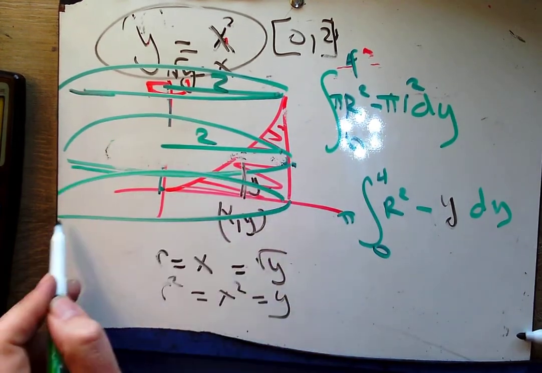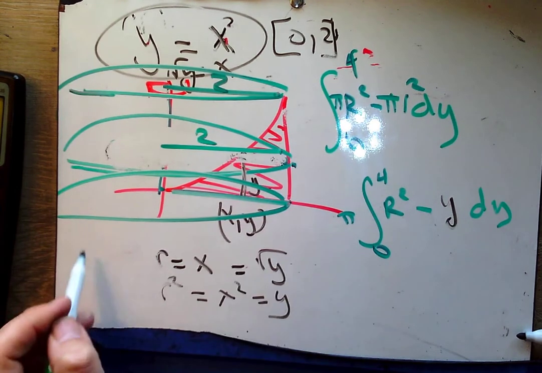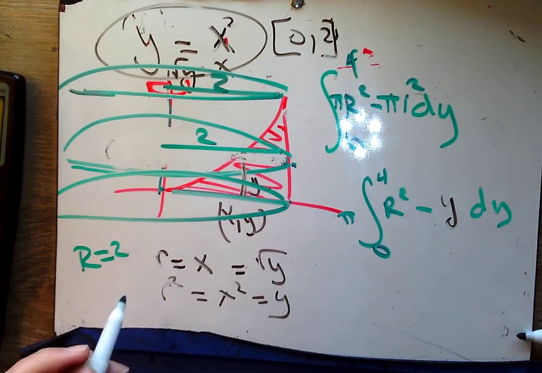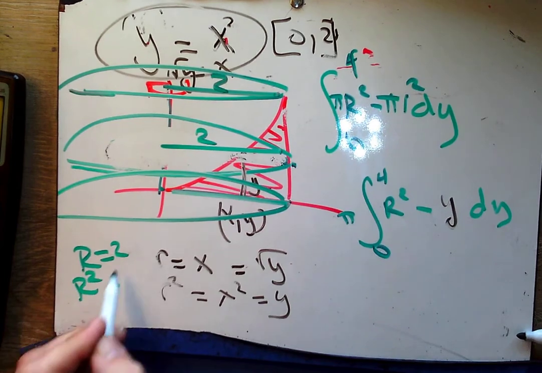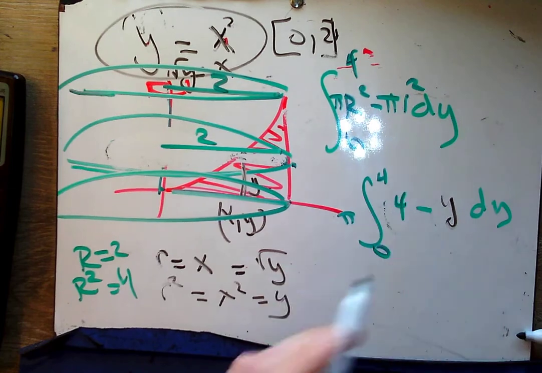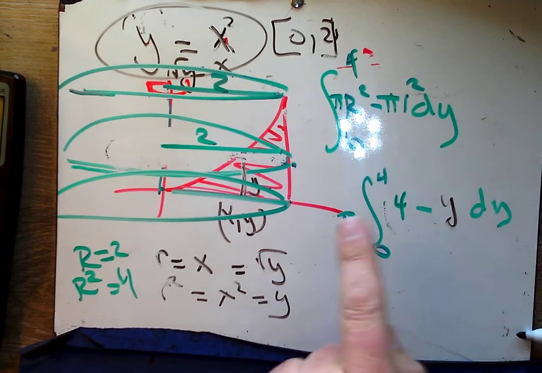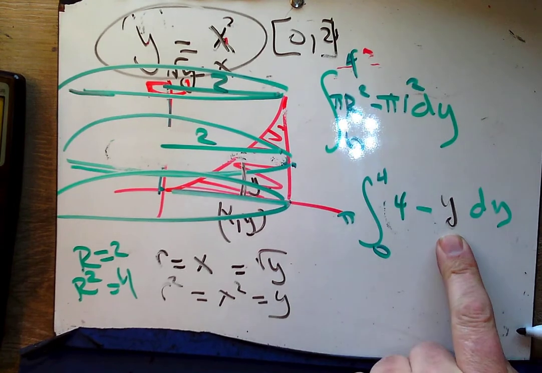If I drew it down here, that distance would be 2. Now I think big R is a constant, 2. And so big R squared is going to be 4. Okay, so pi big R squared minus pi little r squared, great, dy.